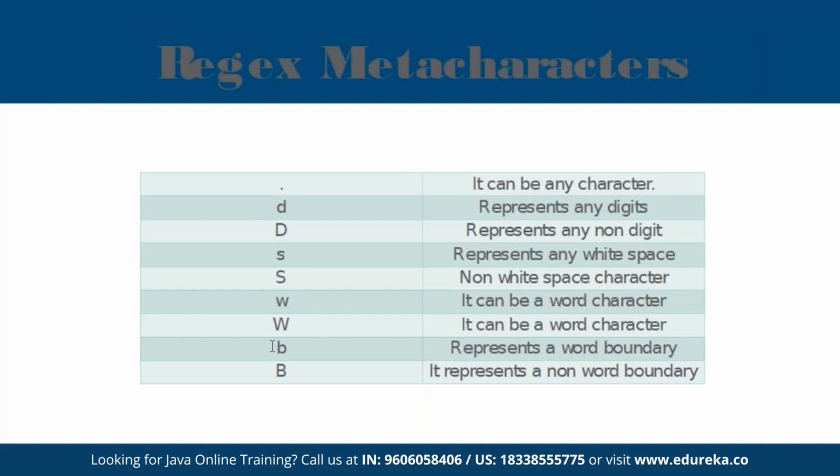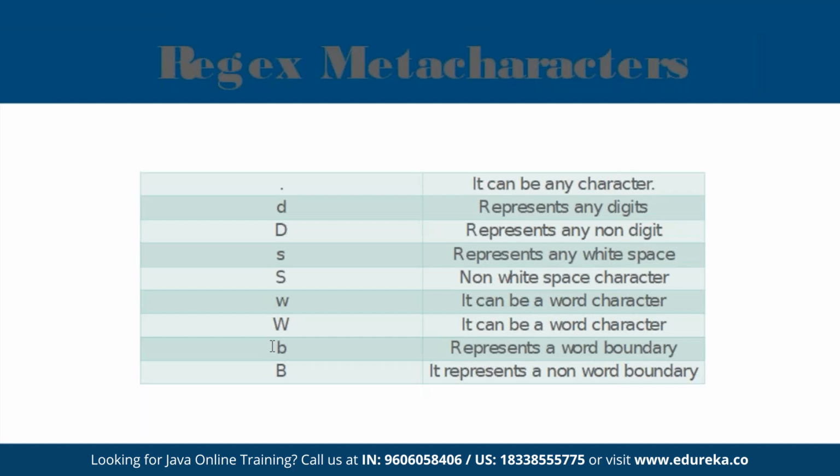Capital D represents any non-digit, the negation of 0 to 9. Small s represents any white space character. Capital S is for a non-white space character, the negation of small s.